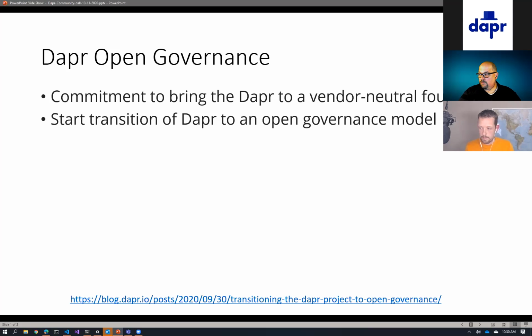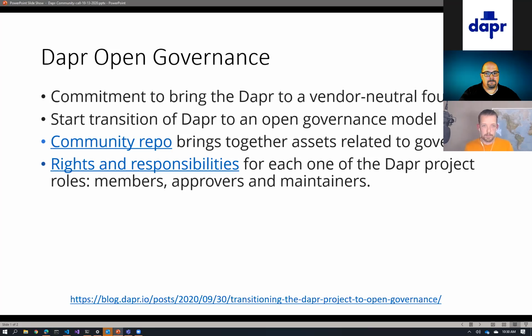That is because we want to make sure that Dapr is fully managed in an open governance way, and that we have full transparency about everything that we do. And so that we make sure we get full contributions from the community, because we want to make sure that Dapr is built for the community, and is always available to everyone who can be part of contributing to this.